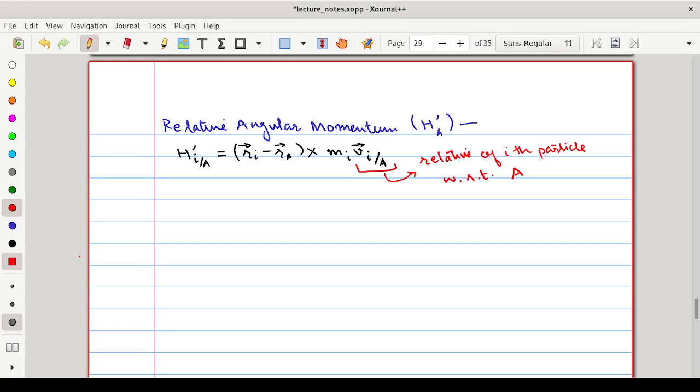Now to get a relation between the rate of change of relative angular momentum and external moments applied to the system, we will take the derivative of this equation.